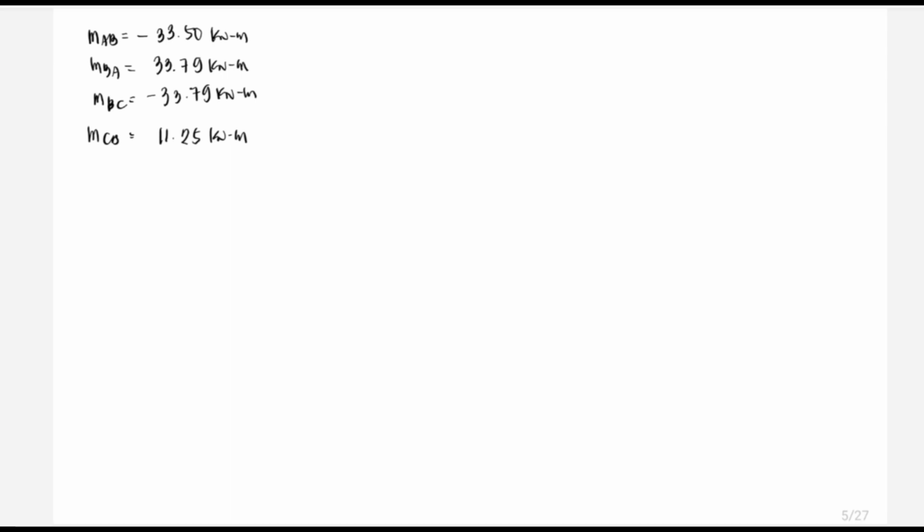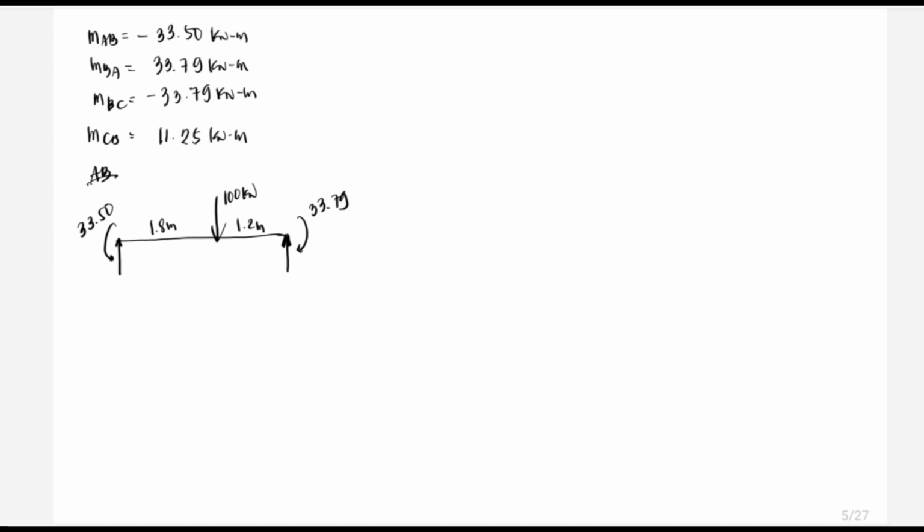BA, of course, CB, and then CB, BC, and then CB. Right after ito, we have to determine the reaction. So, i-draw lang natin yung figure kanina, yung AB, tapos BC, and then CB para makuha natin yung reactions. Okay, ito naman yung figure natin sa AB.